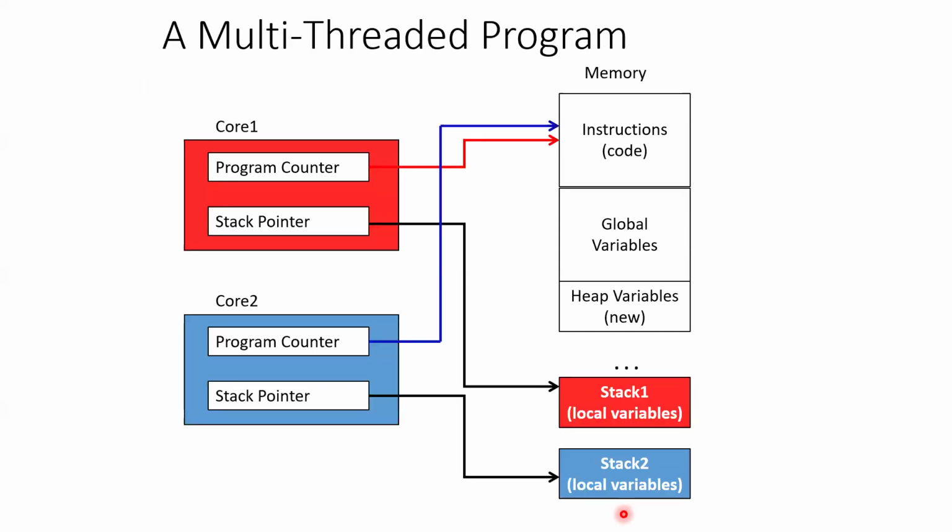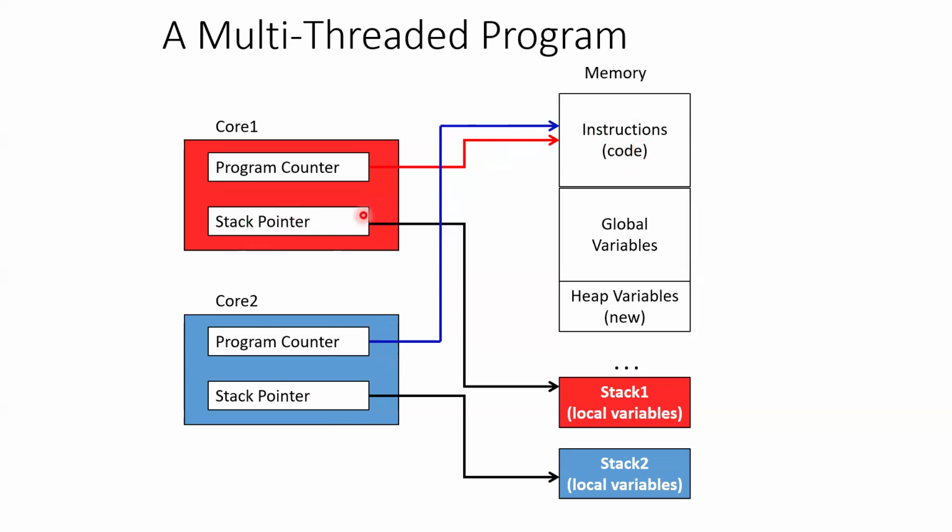If you have multiple cores, each core will have its own program counter and stack pointer. Your program counter can point to different instructions in the instruction memory chunk, and these instructions are shared because you're only reading from them, not writing to them, so it's safe to share.